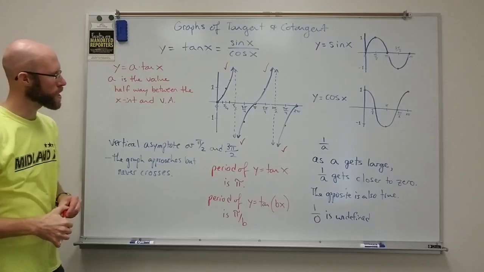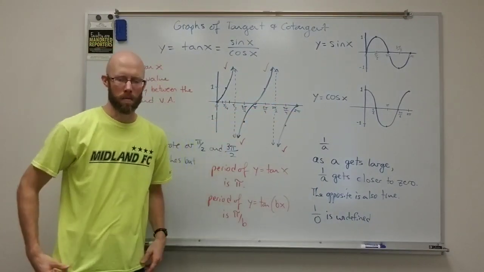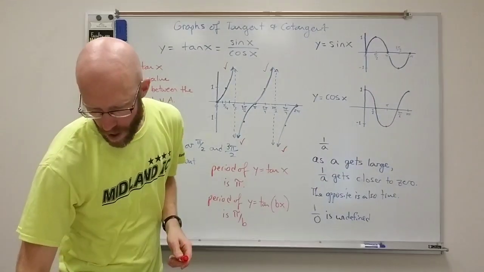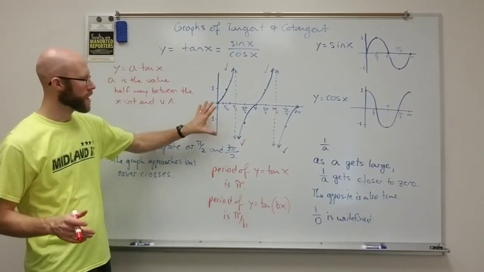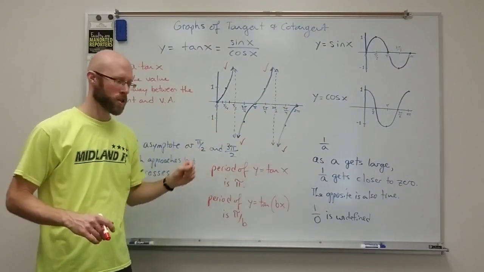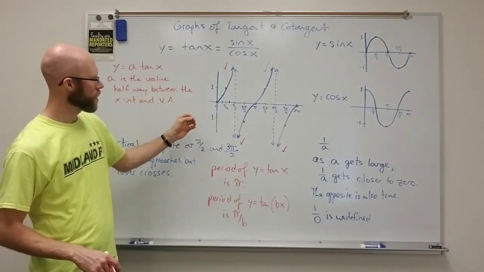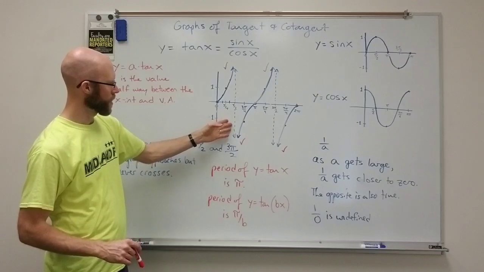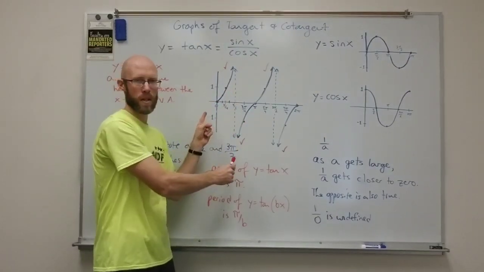Now, generally speaking, I've drawn this out from 0 to 2 pi, but oftentimes we're going to represent our 5 key points not using all of this information, because our period is pi, and the period has this asymptote. If we went from 0 to pi, it has this asymptote right in the middle.